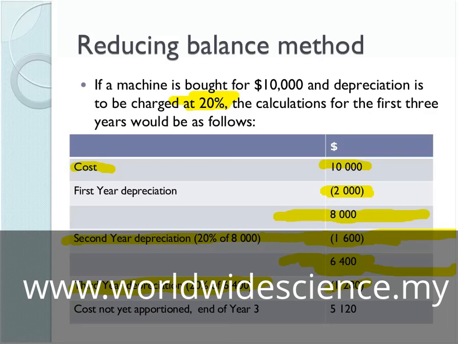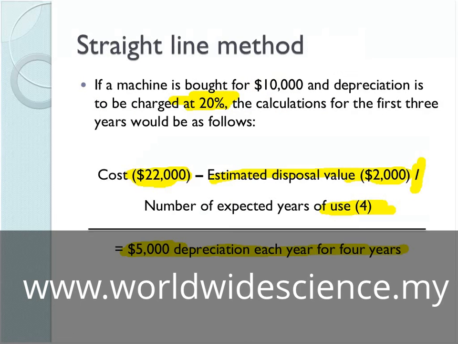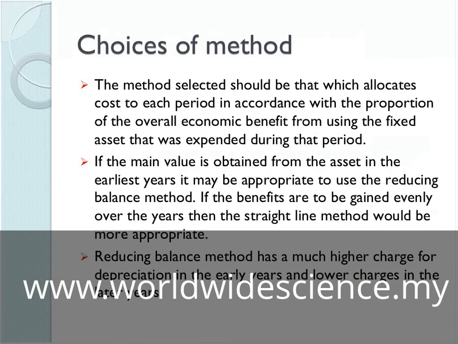So this is always like this. In the income statement, we use two kinds of methods, which are the straight line method and the reducing balance method. Let's see the choice of method. Which method would be good for you to choose? For example, the method selected should be that which allocates cost to each period in accordance with the proportion of the overall economic benefit from using the fixed asset that was expended during that period.